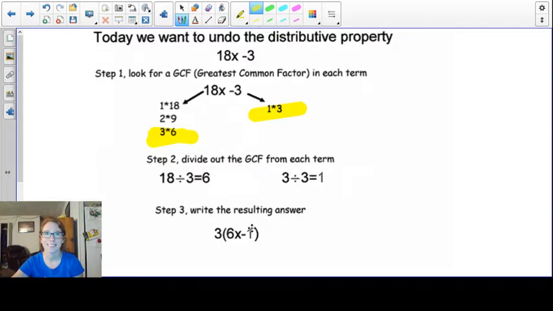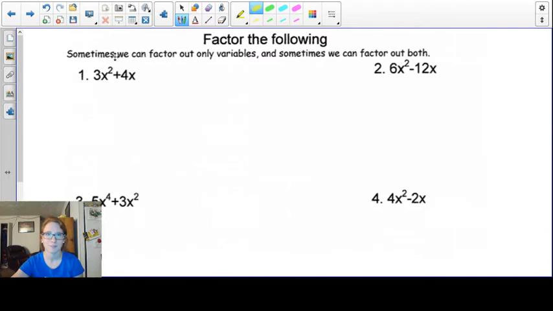We can do it. You'll be just fine, I promise. So first step is to take a look at what can be divided out. Sometimes I can divide out numbers, sometimes I can divide out variables, and sometimes I can do both.